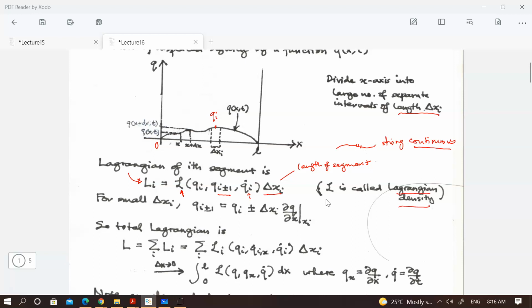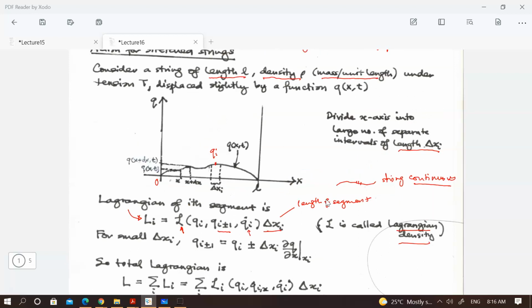Just like you have your density rho depends on the segment, so you have the mass, for example, being described per unit length or per unit segment in that particular case. So what we're going to do now is essentially to make this segment as small as possible.